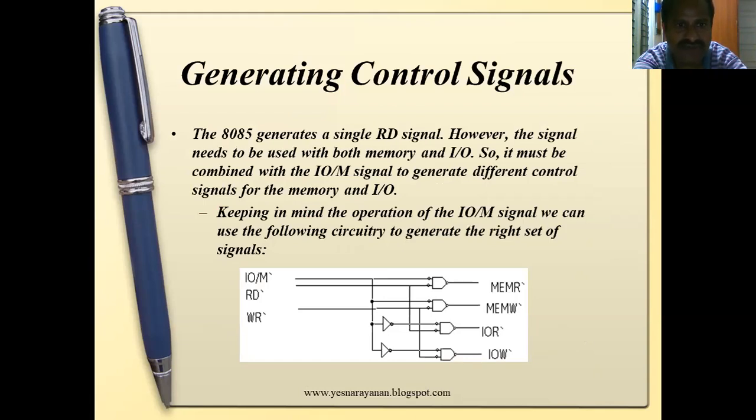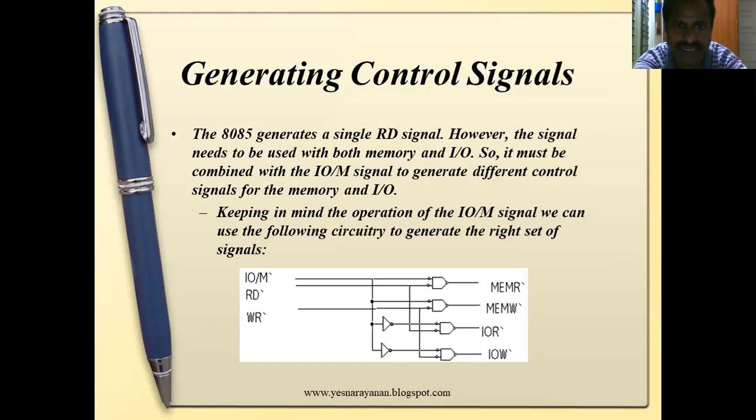The 8085 generates a signal, RD bar signal, that is called read bar signal. However, this signal needs to be used with both memory and IO read. So, it must be combined with the IOM bar signal to generate different control signals for the memory and IO.